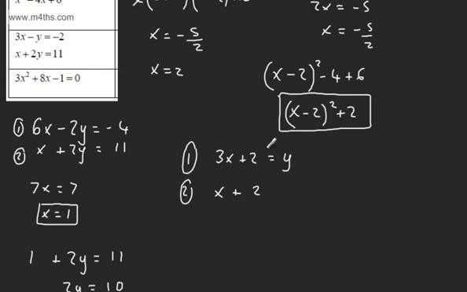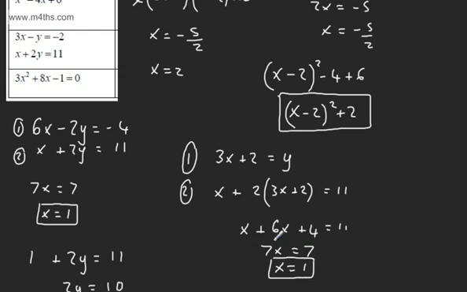Now as soon as I see y, I can put this in right here, and that's going to give me 3x plus 2, and that will now be equal to 11. So expanding this out, this is going to give me 6x. So I've got x plus 6x plus 4 is equal to 11. So collecting up, 7x, subtracting 4 from both sides, is equal to 7. x is equal to 1.